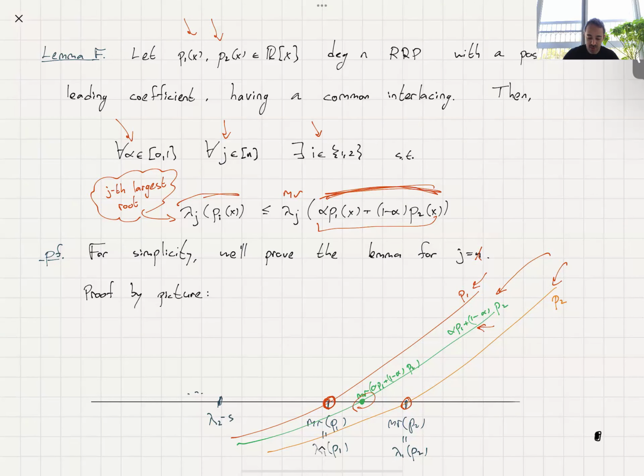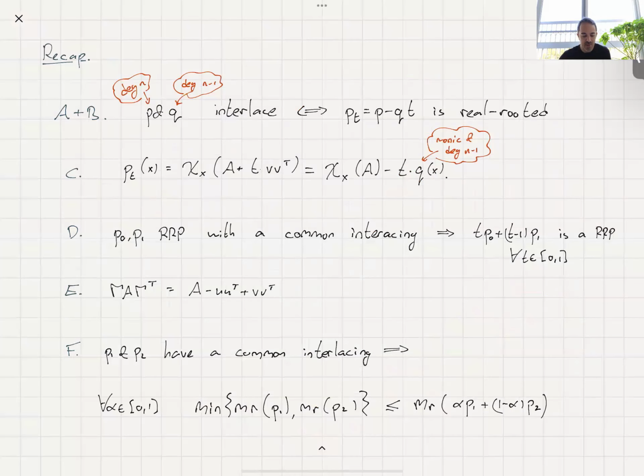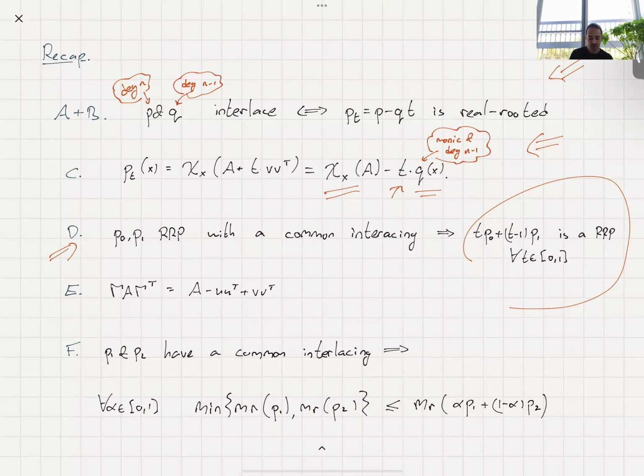Good. So as a recap, we have lemma A plus B that talks about real-rootedness and interlacing. Lemma C prepares us for the situation where we are going to look at a polynomial minus d times a polynomial of degree 1 less. Lemma D said that two polynomials have a common interlacing exactly when the segment connecting them is composed only of real-rooted polynomials, namely it doesn't cross the double root manifold.